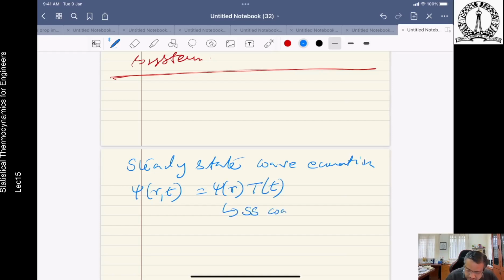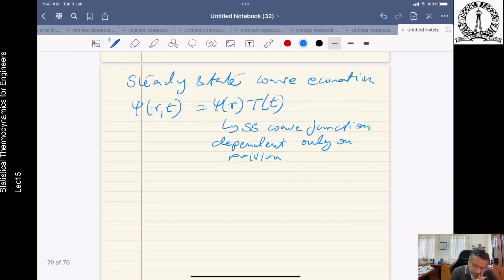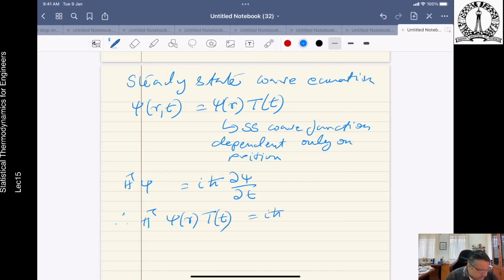This is the steady state wave function, which is dependent only on position, on space. Now H hat, when it acts on the wave function, equals i h bar d psi by dt. This we already know. Therefore H acting on psi of r and t equals i h bar d psi by dt.